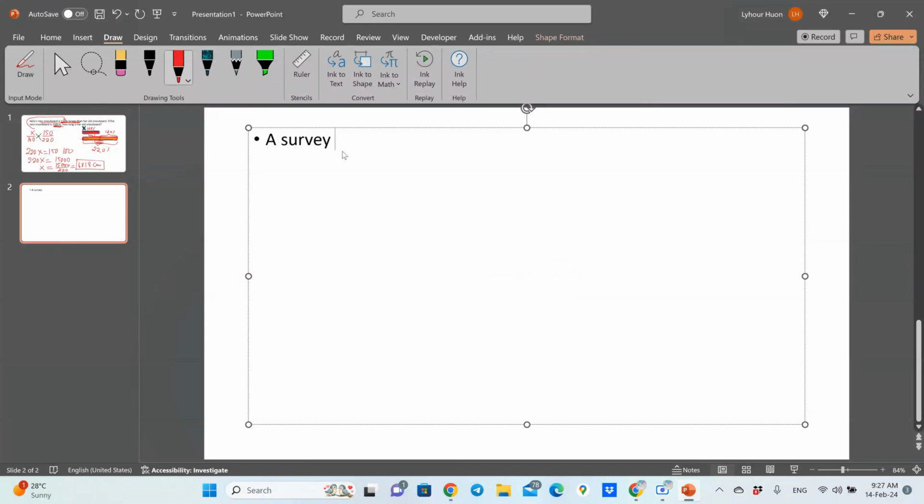Survey found that 78% of high school freshmen have internet access at home.